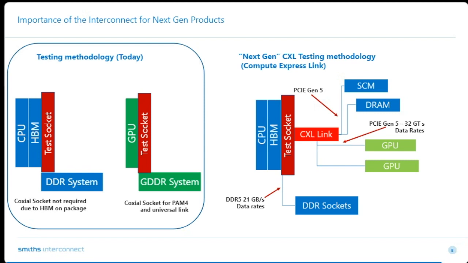With CXL, you can now run multiple GPUs in parallel. You can add more memory and even 3D crosspoint super high speed memory. So this definitely presents a bit more of a challenge for us on the socket side as we go through this process.